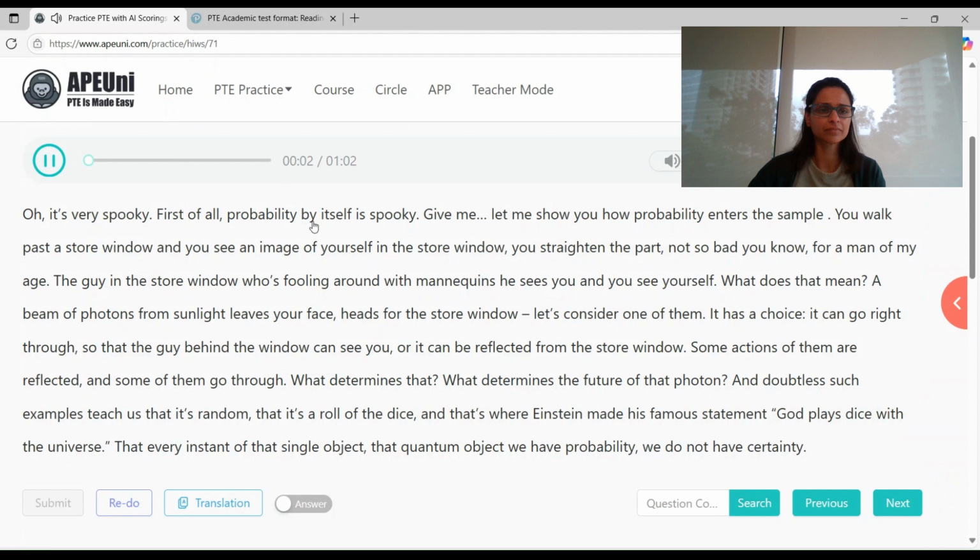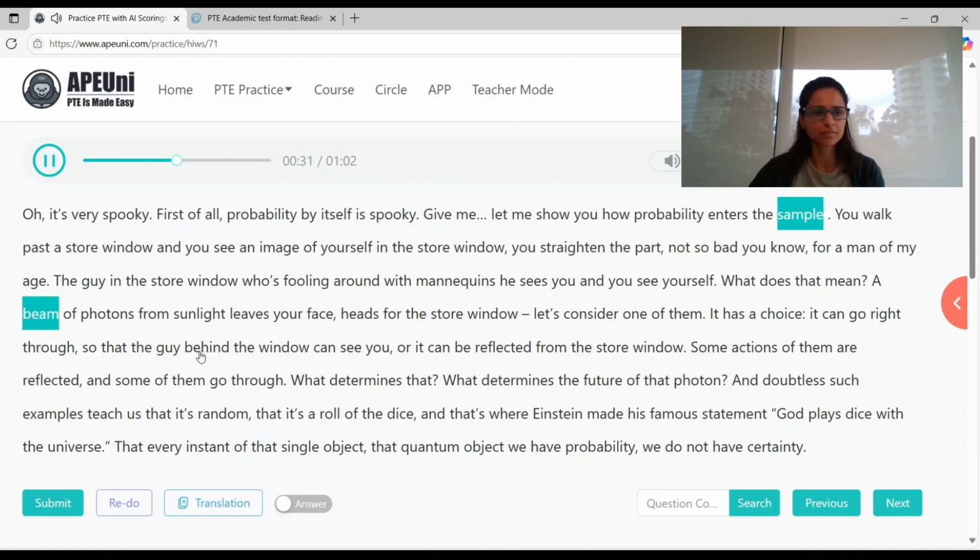Oh, it's very spooky. First of all, probability by itself is spooky. Let me show you how probability enters the system. You walk past a store window, and you see an image of yourself in the store window. You're straightened apart. You're not so bad, for a man of my age. The guy in the store window who's fooling around with mannequins, he sees you, and you see yourself. What does that mean? A stream of photons from sunlight leaves your face, heads for the store window. Let's consider one of them. It has a choice.